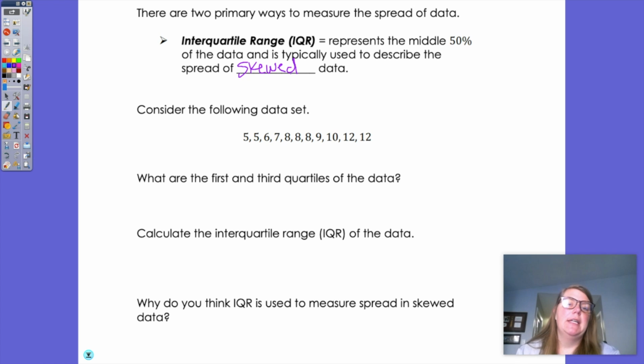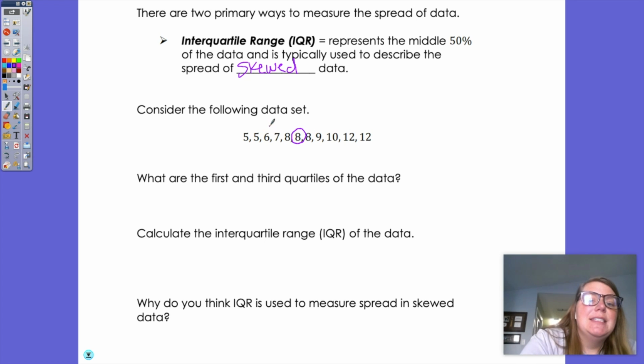So if we look at this data set, 5, 5, 6, 7, 8, 8, 8, 9, 10, 12, and 12, what are the first and third quartiles? We want to make sure that we break this up by the median first. There's our minimum and our maximum. For the median, there are 11 data points, so we count 1, 2, 3, 4, 5, and this 8 would be our median.